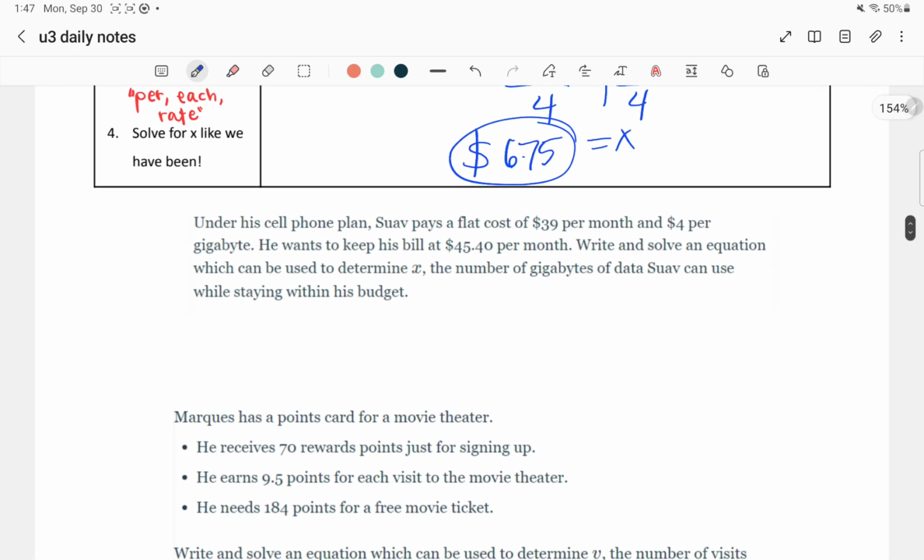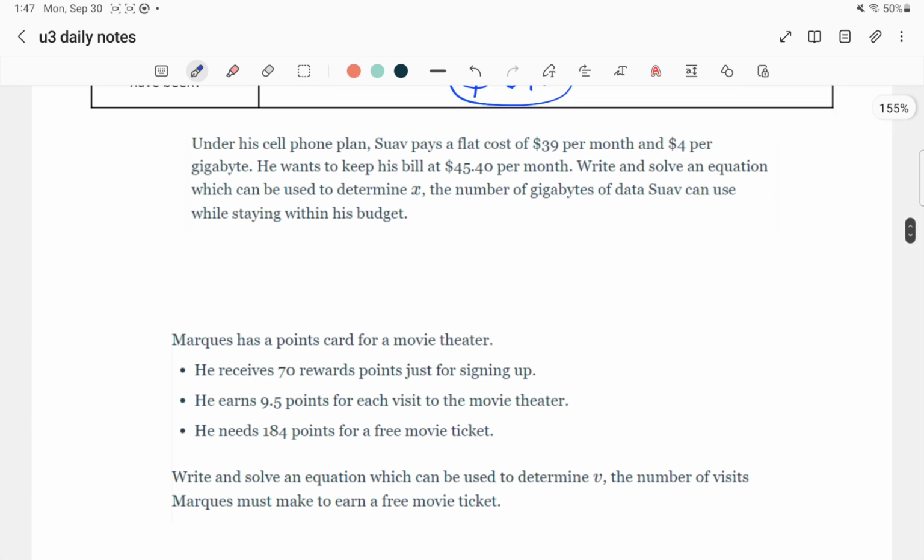Okay, let's practice a couple more times. The trickiest part is always setting up the problem, so that's what I'm going to do. I think we can solve for x after that. Under his cell phone plan, Schwab pays a flat cost of $39 per month. Flat cost, that tells me, if we're thinking about cell phones, that no matter what, he's going to pay $39.